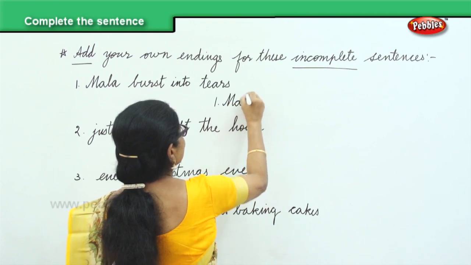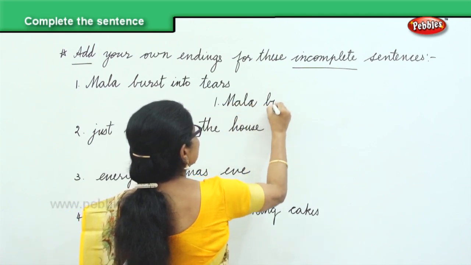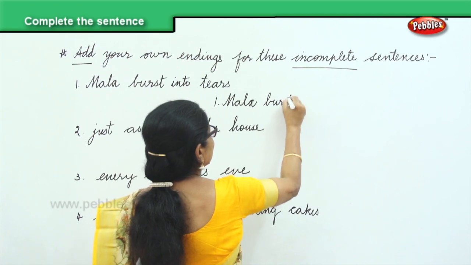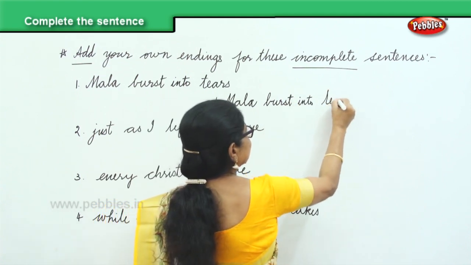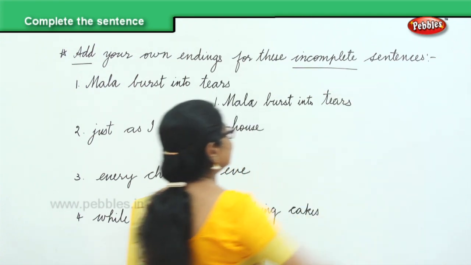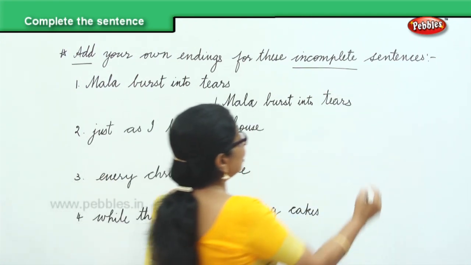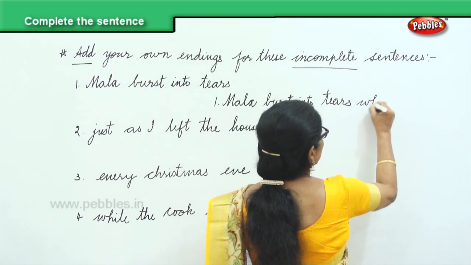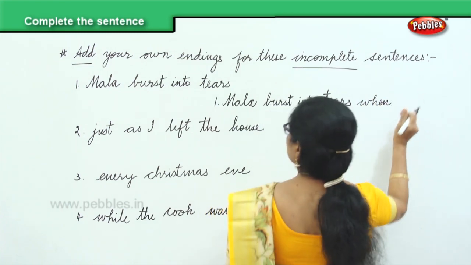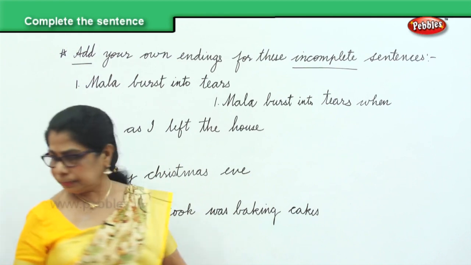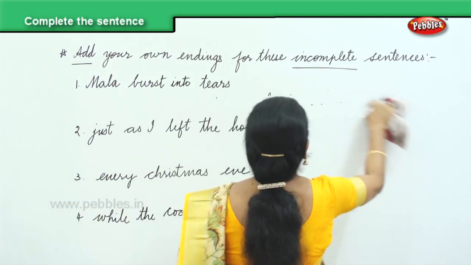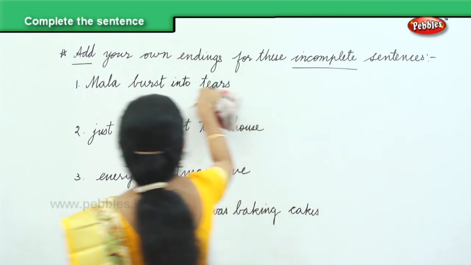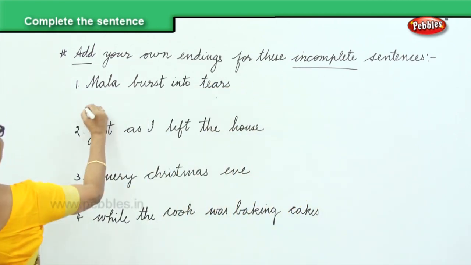Mala burst into tears when she saw her mother. Mala burst into tears, or you can say when she saw her mother, Mala burst into tears, whatever. I will write it here.